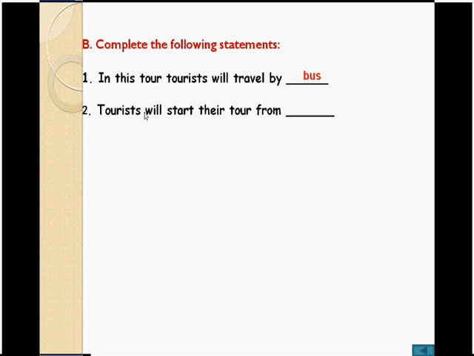Number 2, tourists will start their tour from. So again, the keyword here, they will start their tour. So they will begin their tour from where? So we are looking for the place.